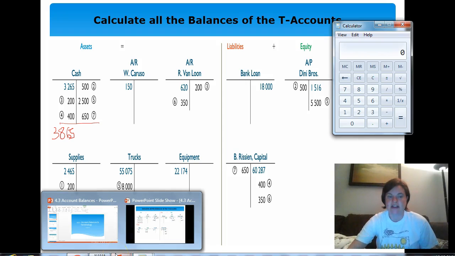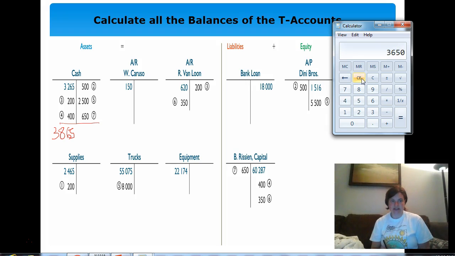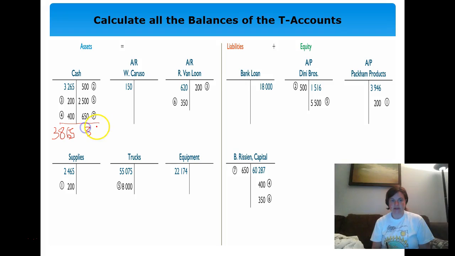Then we're going to calculate the total on the other side. So on the credit side, 500 plus 2,500 plus $650, and that equals 3,650. So on this side here, we're going to write 3,650.